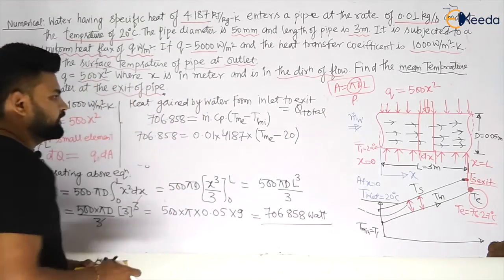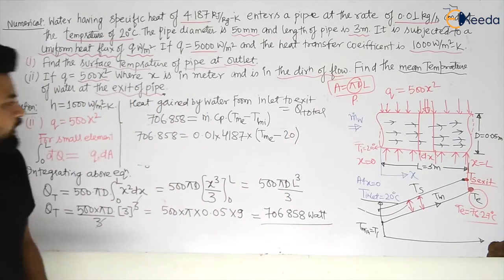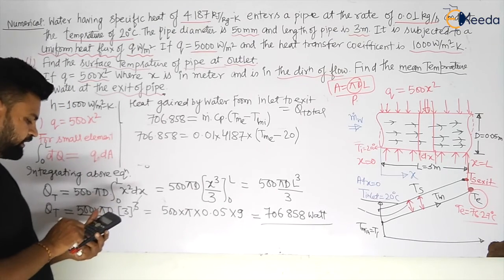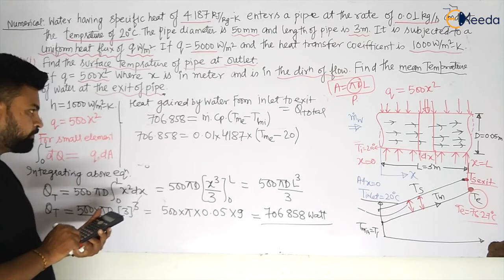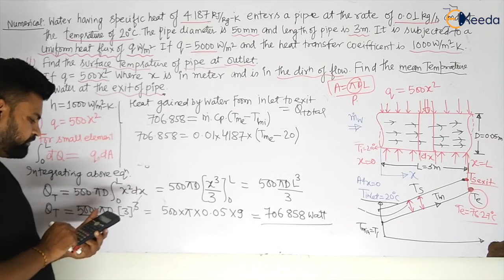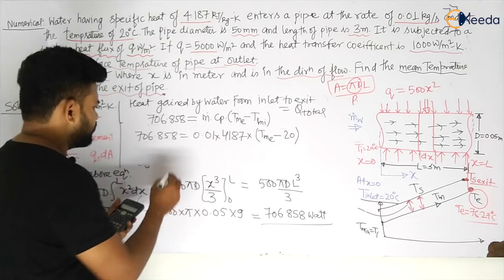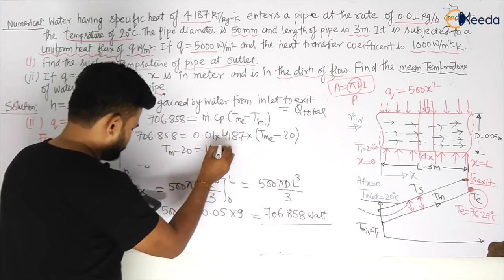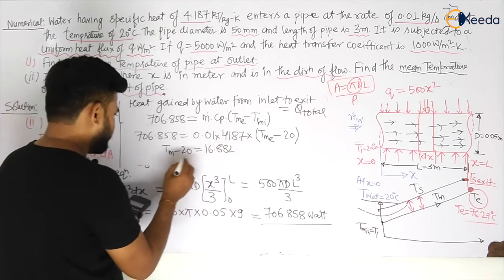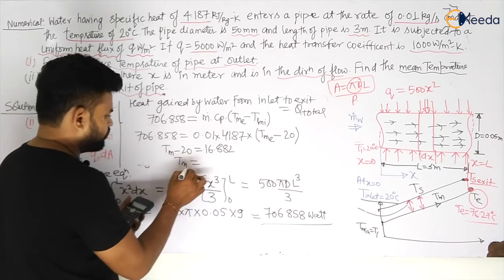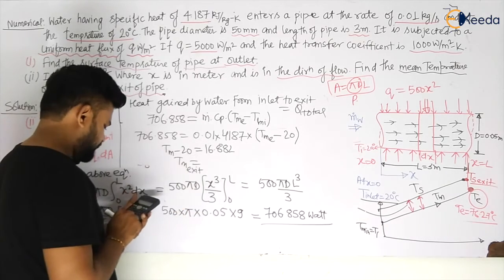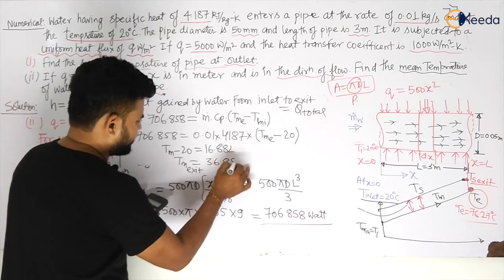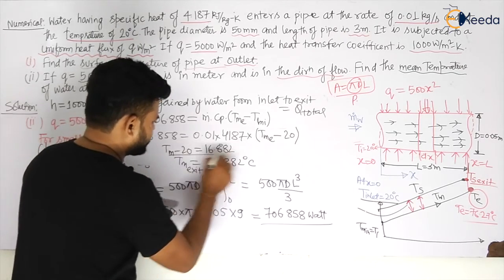So this will be 706 divided by 0.01 divided by 4187. This value, Tm minus 20, will be equal to 16.882, and Tm will be equal to 16.882 plus 20, which becomes 36.882 degree Celsius.